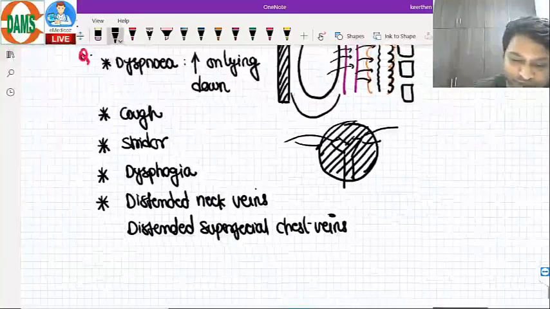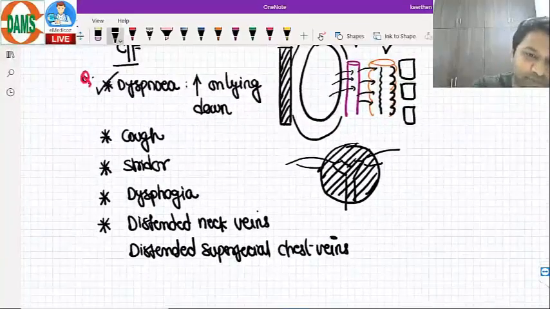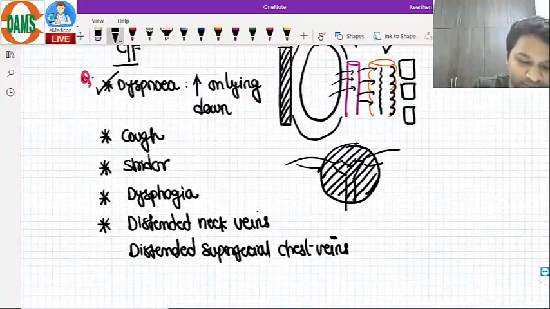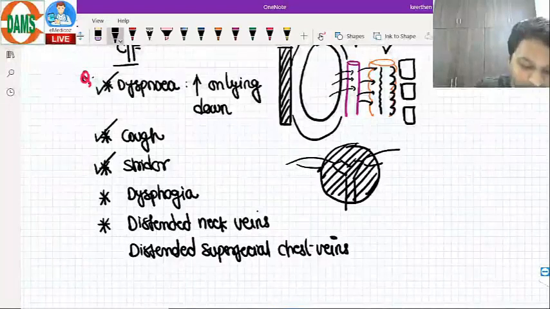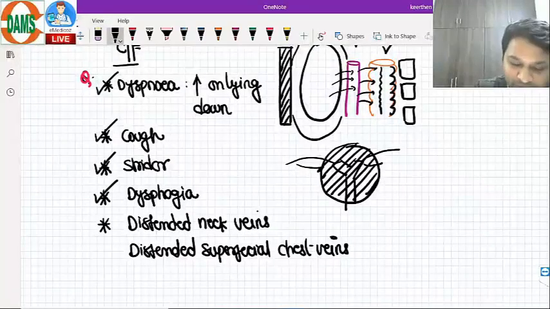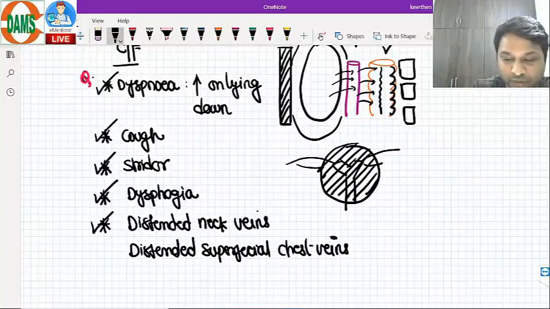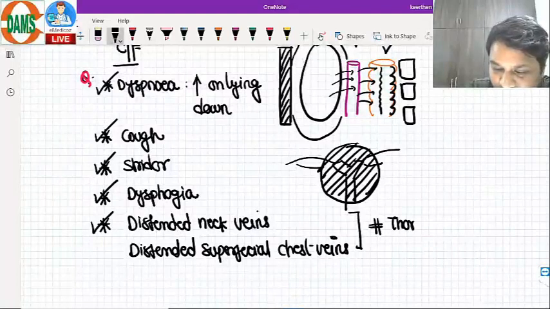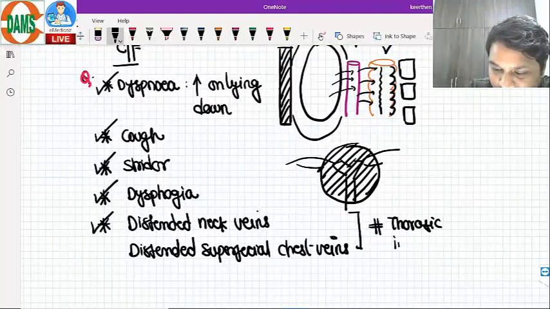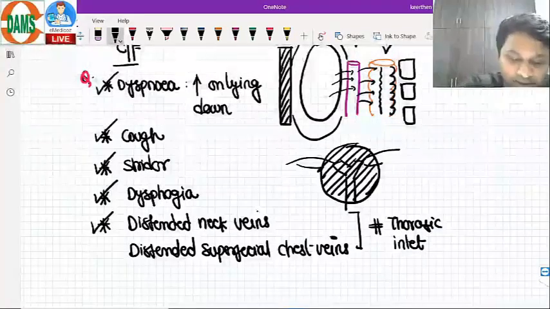So the patient has dyspnea, cough, stridor because of the flabby trachea, dysphagia because of compression of the esophagus, and distended neck veins and superficial chest veins because of obstruction to the thoracic inlet.